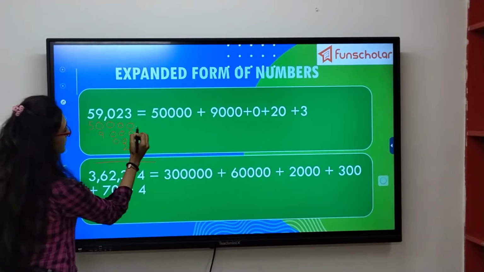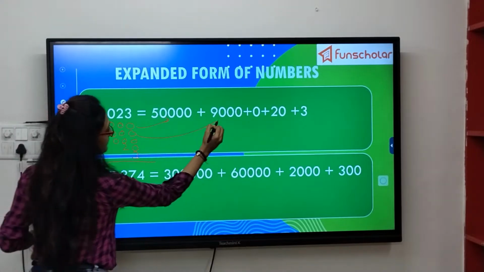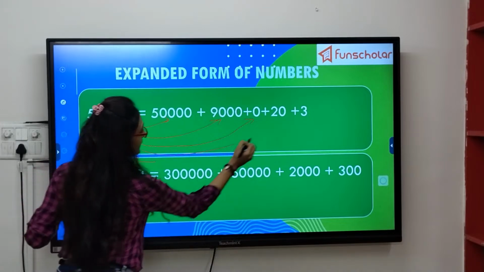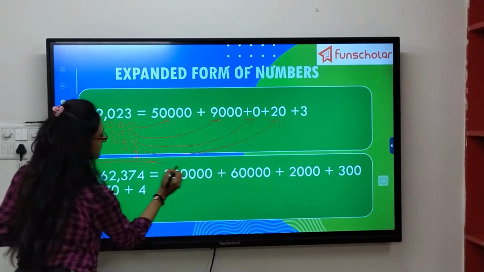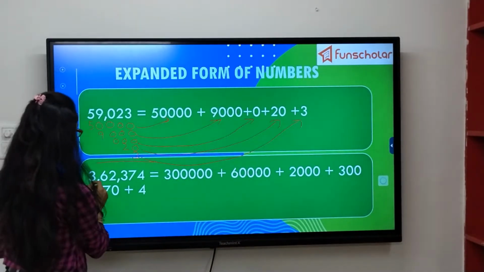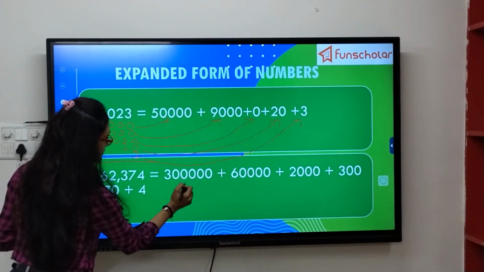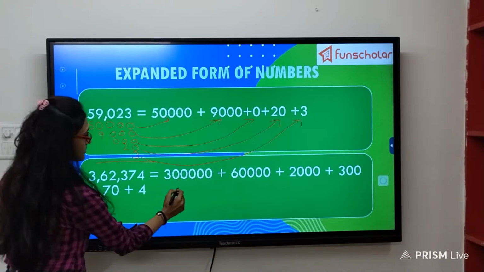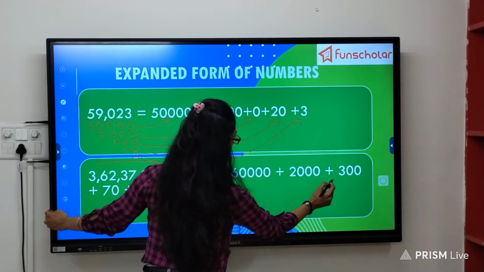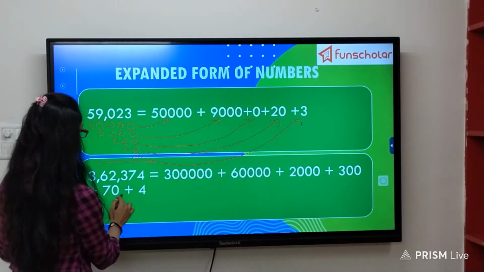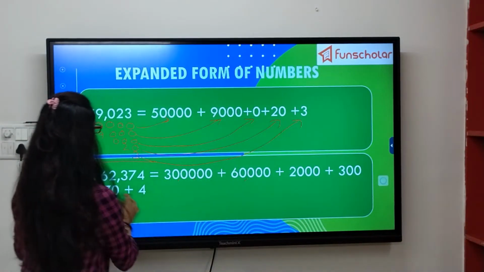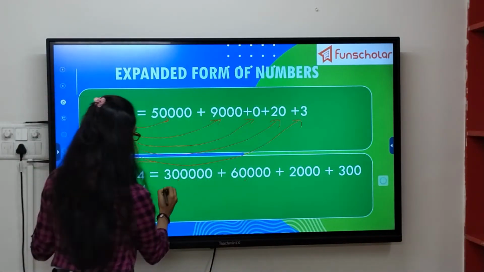See, similar thing is written. 0, 20 and 3. Done? Here also first 30 lakhs, then 60,000, 2,374. Right? Okay. You can write this in words also.